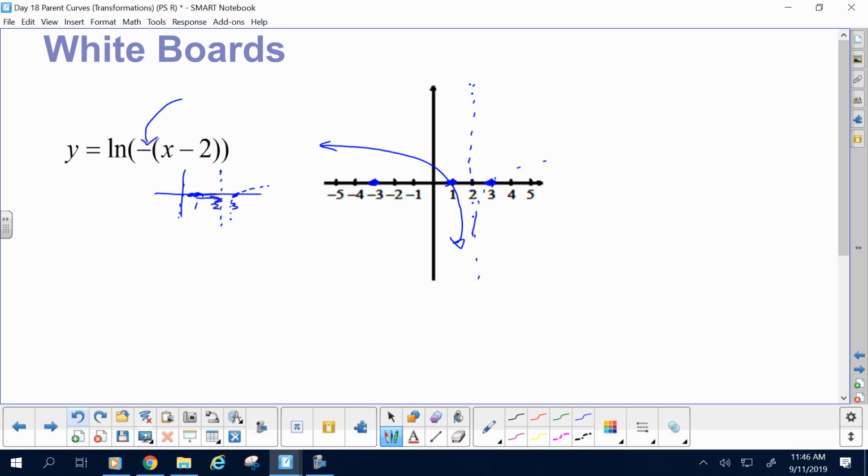Cool? And this point is pretty easy. This point is (1, 0). Back to (1, 0). What's the other point? Phew. What did it start at? It started at (e, 1). Do you agree? Yeah.